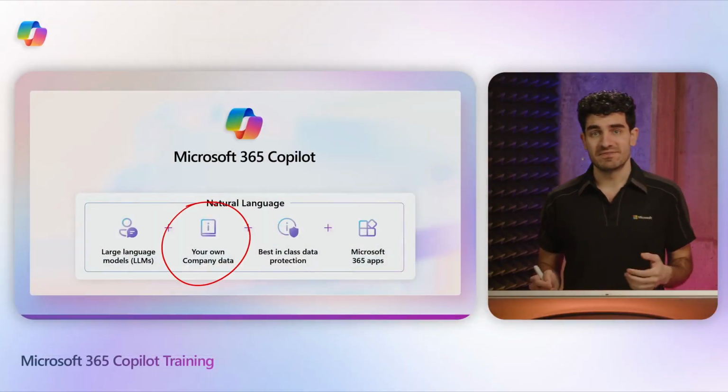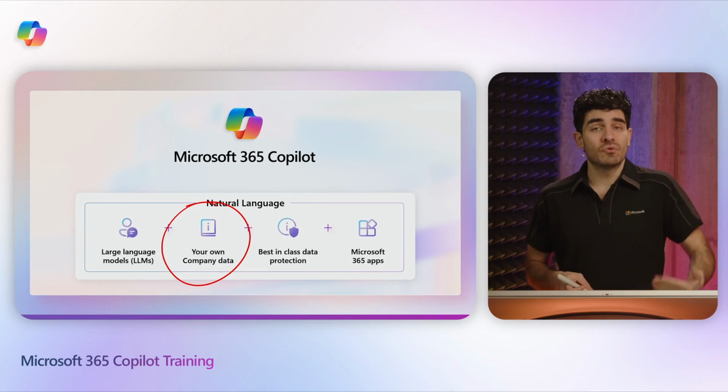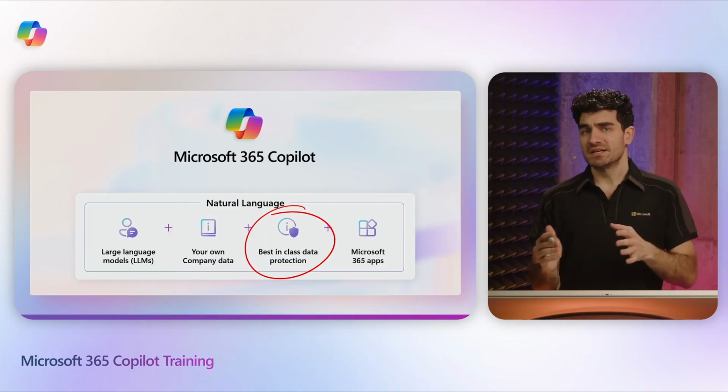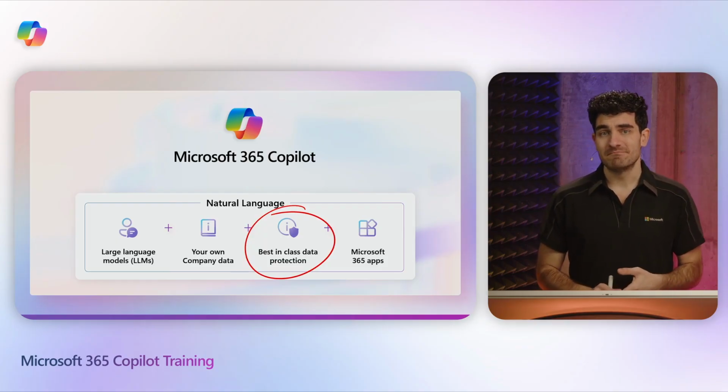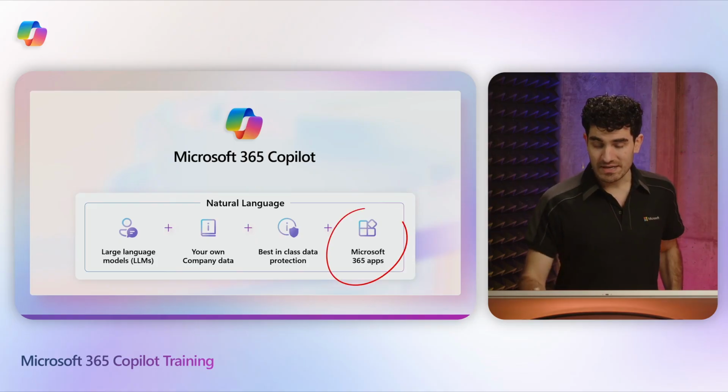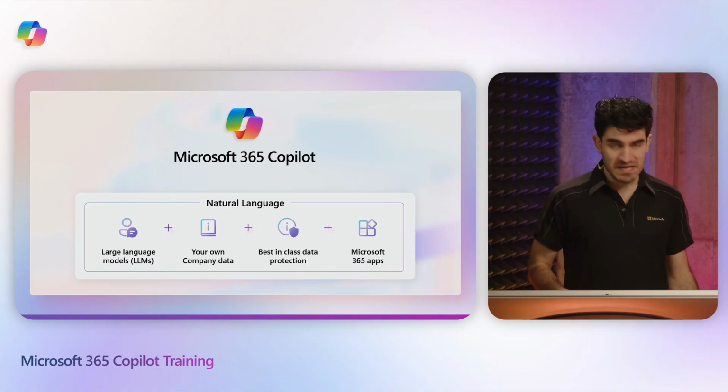Its capabilities are further enhanced with its integration into Microsoft 365, giving it access to your organization's data. Of course, it is built with best in class data protection and privacy. This intelligence and company knowledge are also integrated into the apps that you use daily.